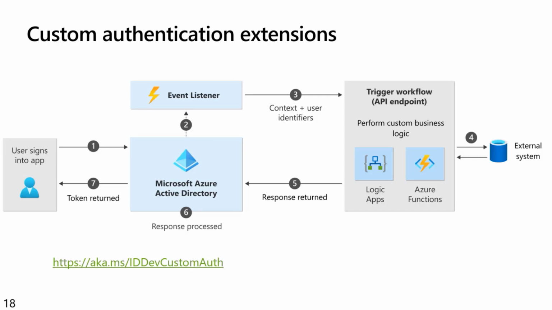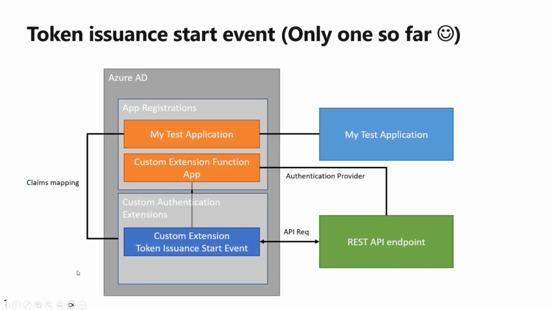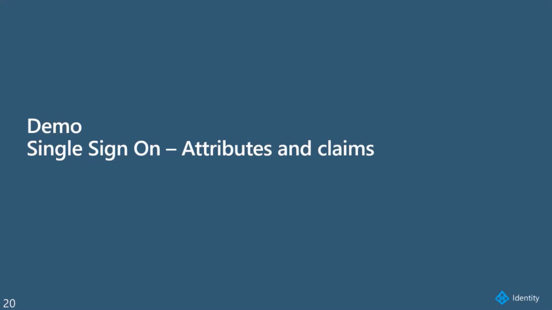And then you send those claims back to us and we bundle them into your token. So it's a great scheme here to enable a different kind of application or set of tokens, with information in my token that doesn't come from Azure AD at all. So let's go ahead and see this at work.